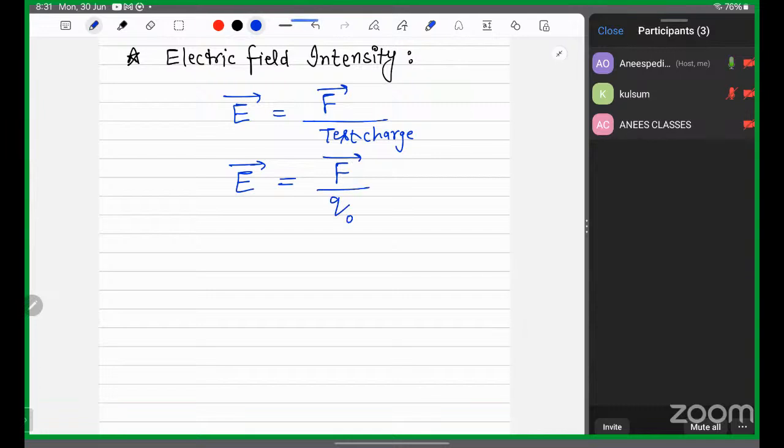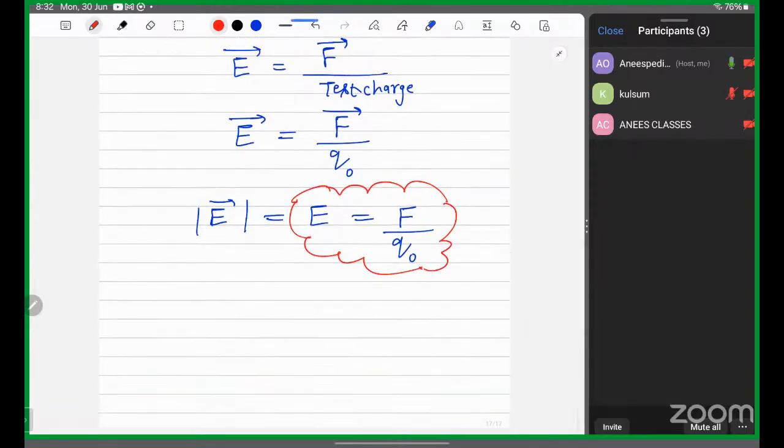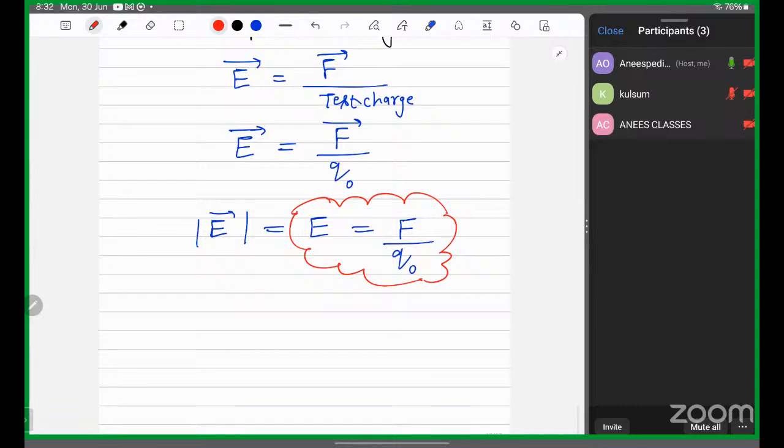So the definition of electric field intensity is given by F vector divided by Q naught. If you look at the magnitude only, magnitude of electric field E is equals to E, which will be magnitude of force, because force is a vector quantity. So this will be F divided by Q naught. From here, we define the concept of electric field intensity. So electric field intensity E is the ratio of electric force F and the test charge. If you want to define electric field intensity, there are two different ways to define it.